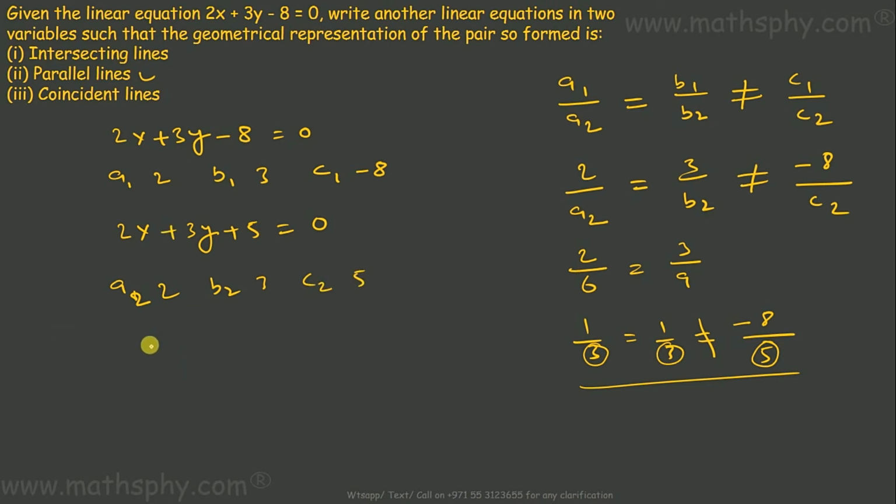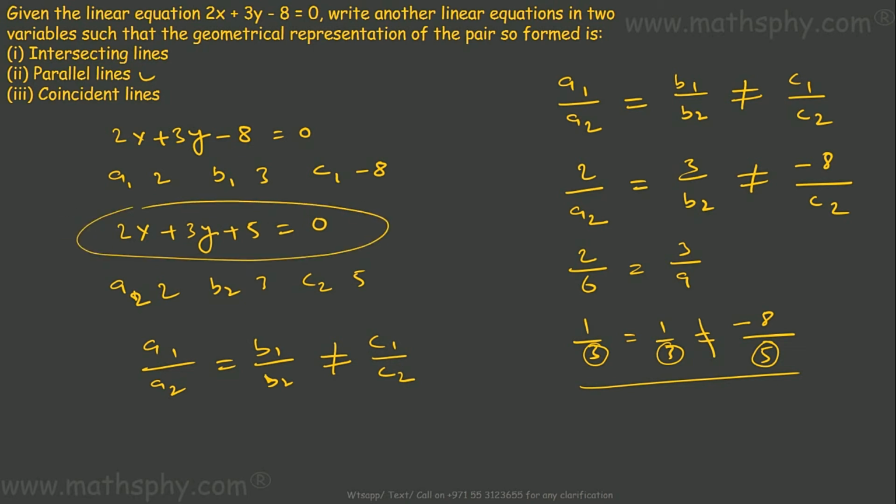This will give me a1 over a2 equal to b1 over b2 but not equal to c1 over c2. So this is the equation here: 2x plus 3y plus 5 equals 0. Likewise, you can write many other equations which will give you a1 over a2 equal to b1 over b2 not equal to c1 over c2, pairing up with this one.